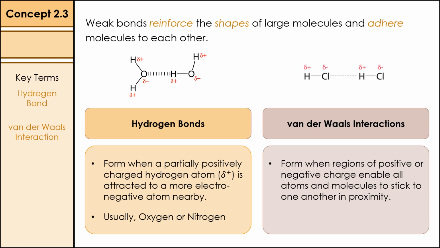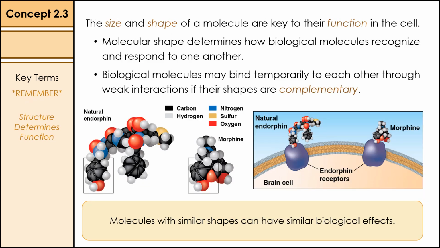Now, with the weak bonds helping to reinforce the shapes of our large molecules, it should stand to reason that shape is an extremely important part of the function of a molecule. You guys are going to probably get really tired of any biology teacher hammering this note in, but structure determines function.